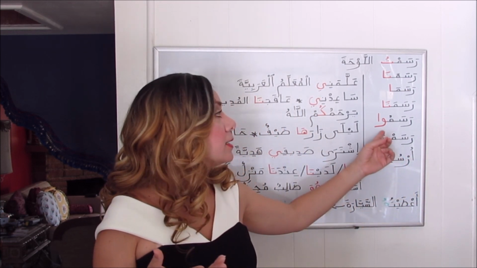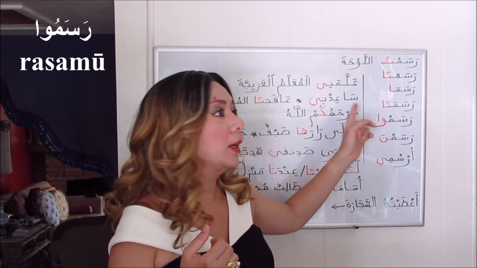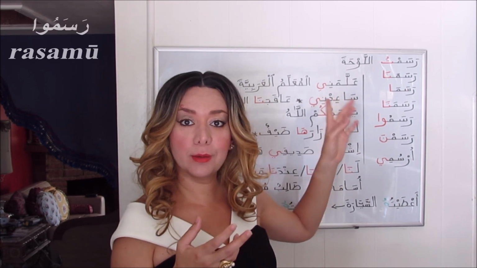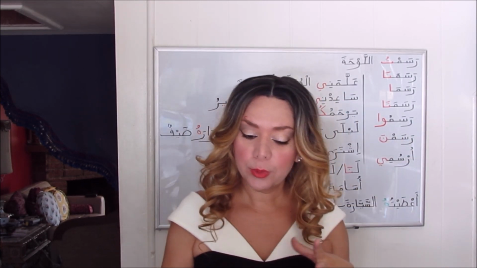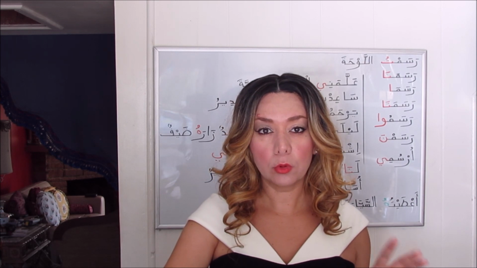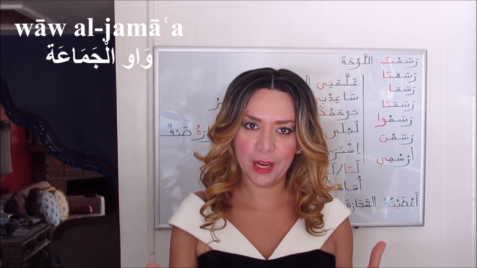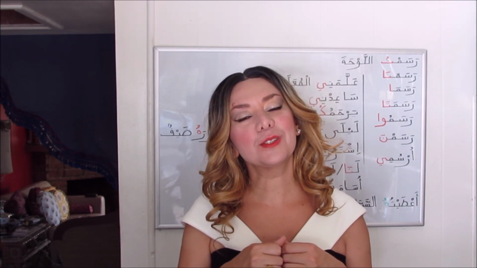And رسموا, we have here the waw and alif as the subject of the verb رسم. So that waw is the plurality waw, waw الجماعة, the attached subject pronoun of the verb رسم in the nominative, referring to the third person plural masculine.